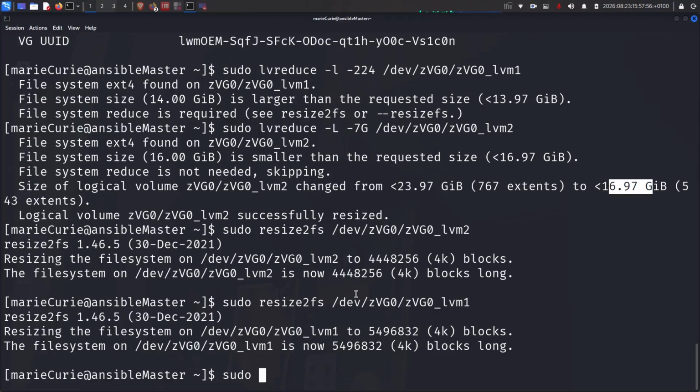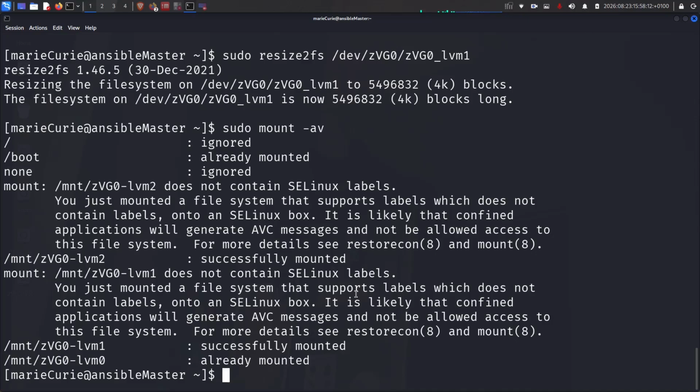We have to mount it now. Sudo mount -av. It will get automatically mounted because we haven't removed it from fstab. We temporarily unmounted, right? So we have to run the sudo mount -av command. Successfully mounted.